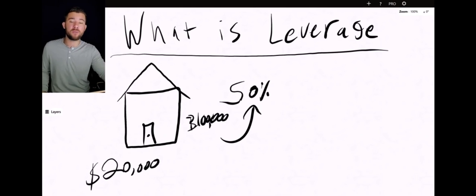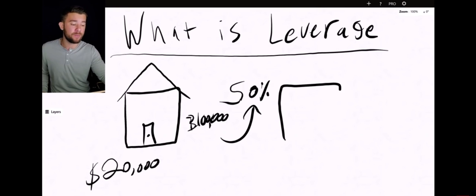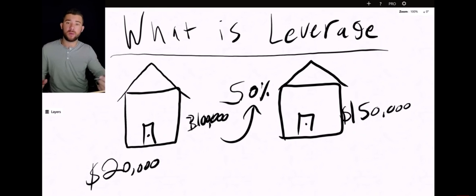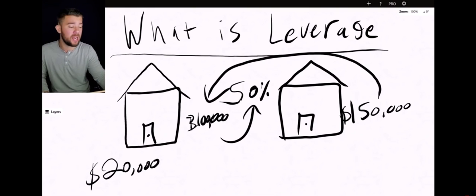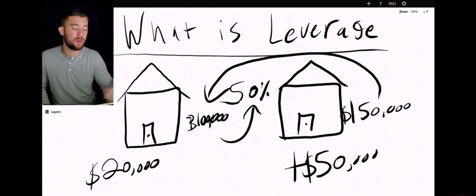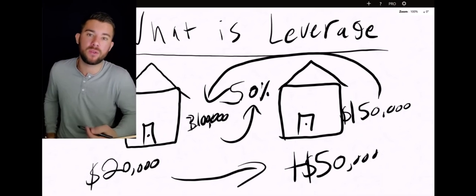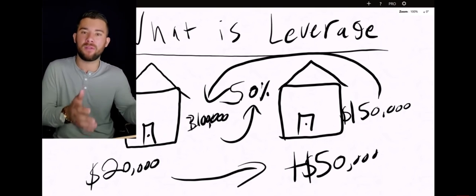So with the housing market going up 50%, you now have this property that was worth 100 grand that is now worth $150,000. And guess what? The bank says the same thing. Whenever you sell at that 12-month period, the bank says, okay, you've sold, you owe us 100K. In that case, you give them their 100K back, and you end up with a plus $50,000 profit. So in this case, you made more than your initial down payment. That is the power of leverage.